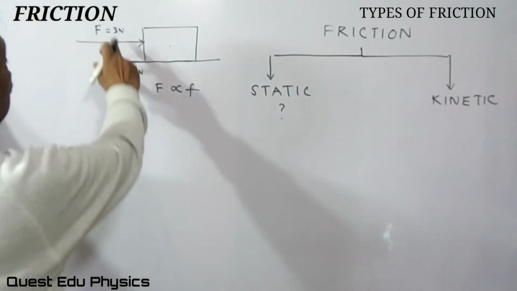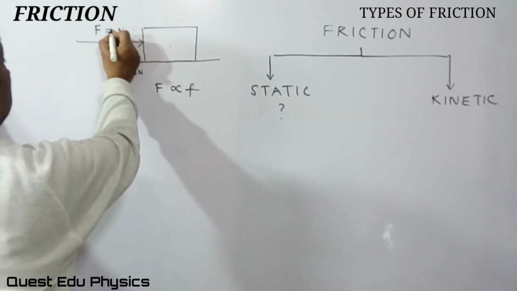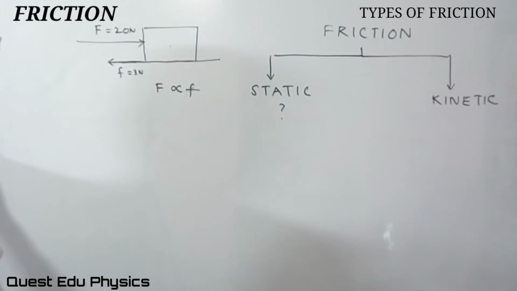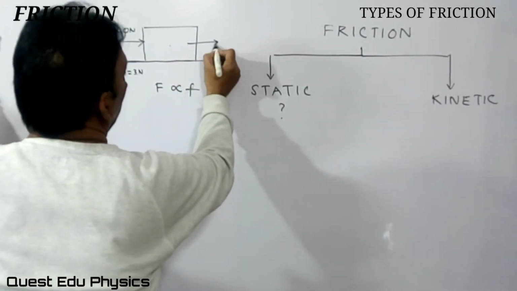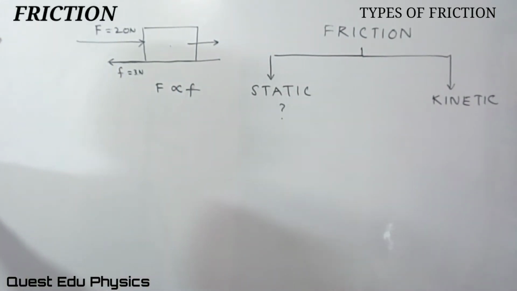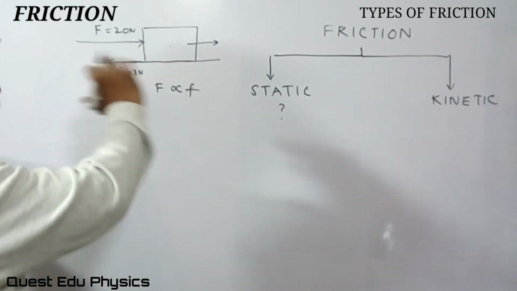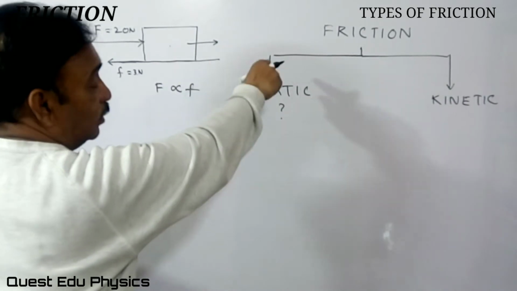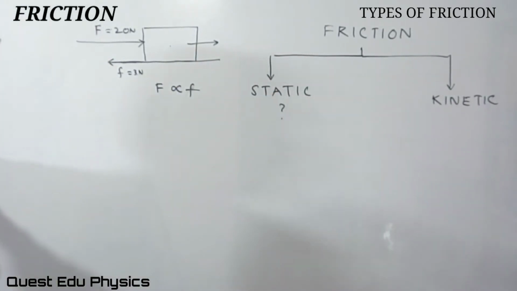What happens after applying more force? Let's say I applied a force of 20 Newton. The body tends to move. Till now it only tends to move. Then after that, the body starts moving over the surface.